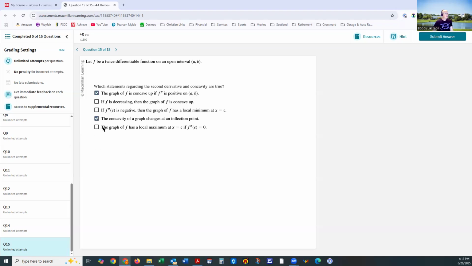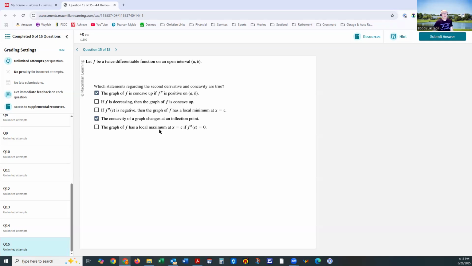Okay, the last one is the graph of f has a local maximum at x equals c if the second derivative of c is equal to zero. Well, this is not necessarily true because we need to know some more information. If the second derivative is zero, the second derivative test would be inconclusive about what's going on. We would need to know something more, right?